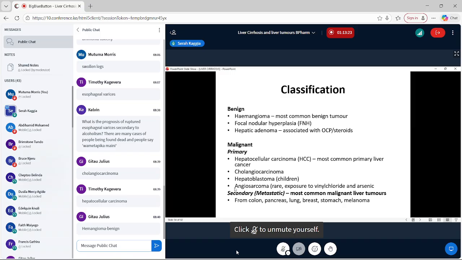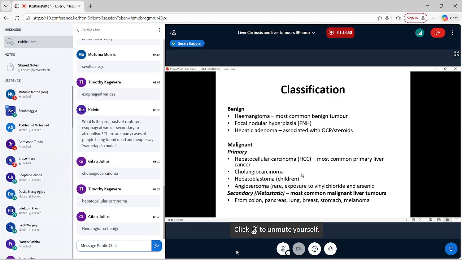Angiosarcoma usually is because of exposure to carcinogens, mainly the metals. You have your arsenic, you have your vinyl chloride. So you can get an angiosarcoma. Again, it's rare, but it's something that can occur as a primary tumor in your liver.